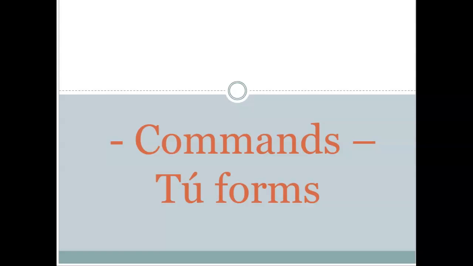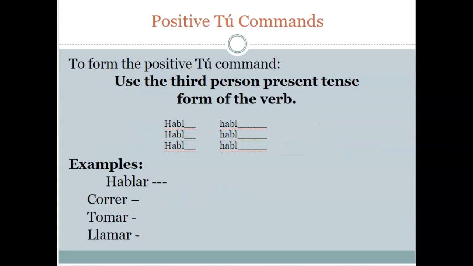So if you remember from earlier in the year, positive tú commands are very easy to form. It's the third person present tense of our verb. So if I have the verb hablar, which means to speak, and I want to say speak, I would say habla. So quickly think about how would you say run, take, or call.